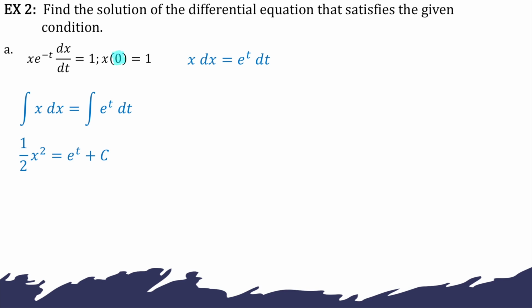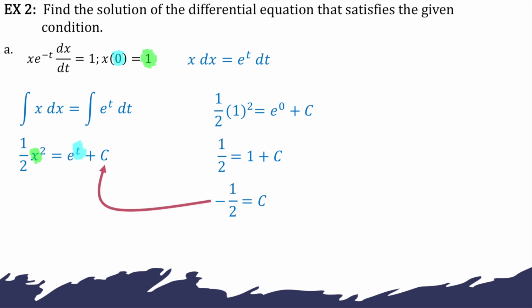So this 0, when I solve for c, that 0 is going in for t, and the 1 is going to go in for x. So 1/2 times 1 squared equals e to the 0 plus c. 1/2 equals 1 plus c, so c equals negative 1/2. And then you can pop that back in. You get 1/2 x squared equals e to the t minus 1/2.